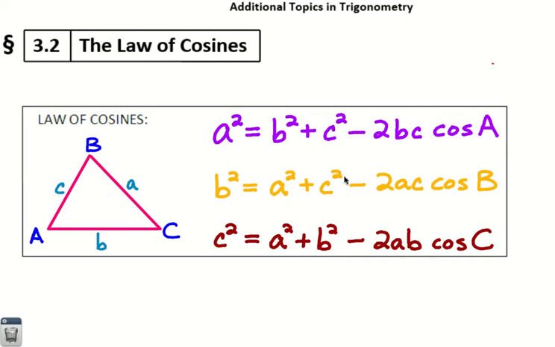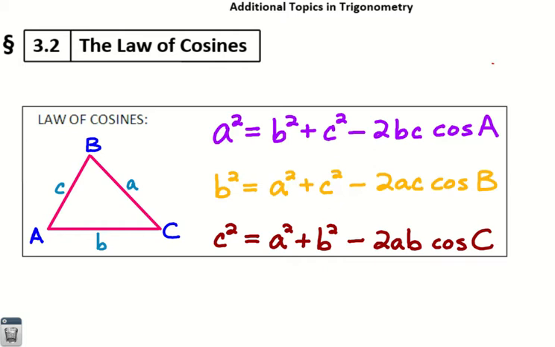So pause the video if you have to, you probably will, and copy down all of these formulas, let them sink in for a moment, because these are more formulas that we're going to use to solve for missing sides or angles, unknown sides or unknown angles, for triangles that are not right triangles.